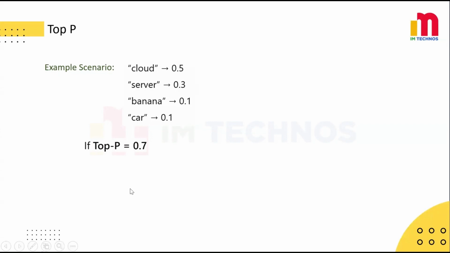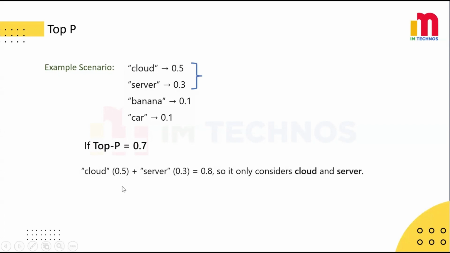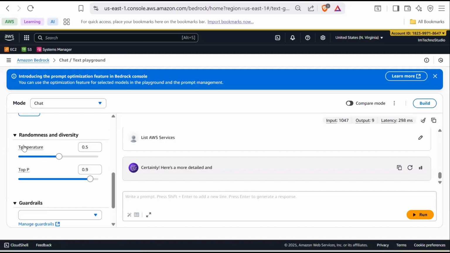That means cloud, which is 0.5, plus server, which is 0.3, is 0.8. So it only considers cloud and server. Then it randomly picks between them. So adjusting temperature and top P together helps fine-tune output style.